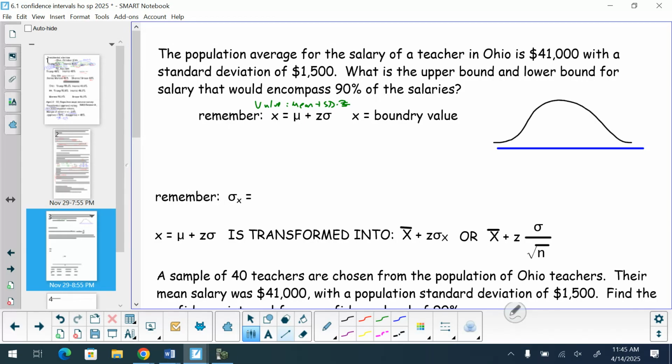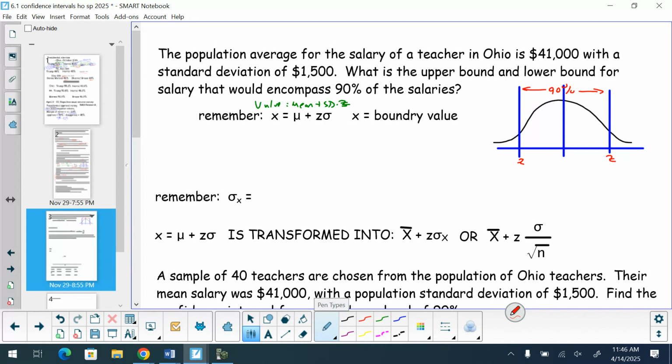So looking at our bell-shaped curve, we want 90% of our data values. We want to calculate our z-scores so that 90% of our data values are going to lie in between them.